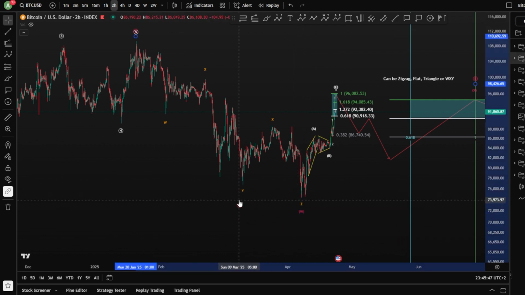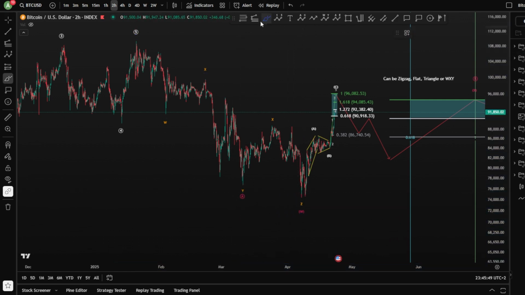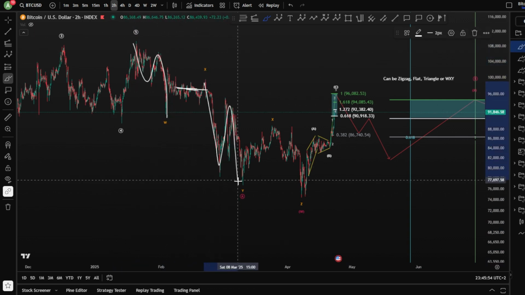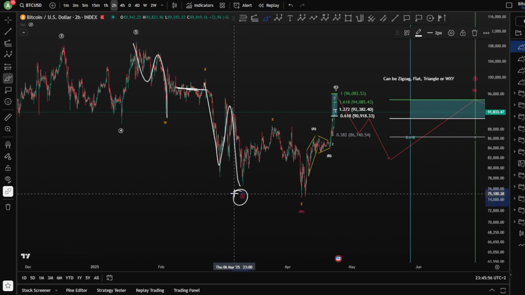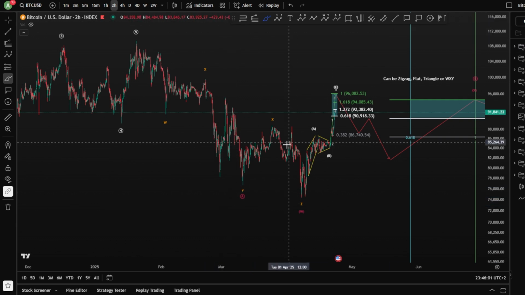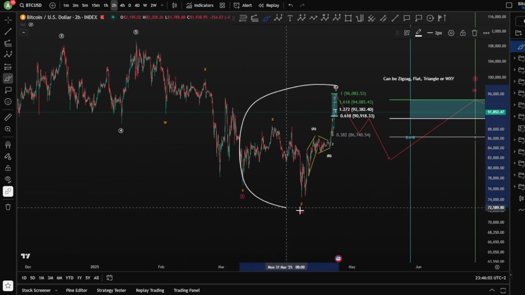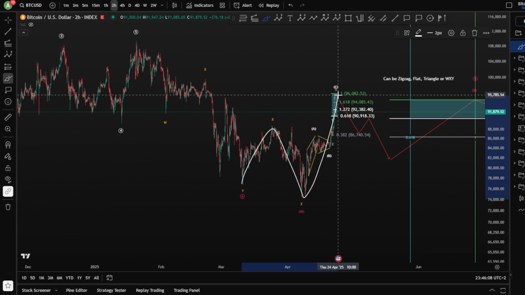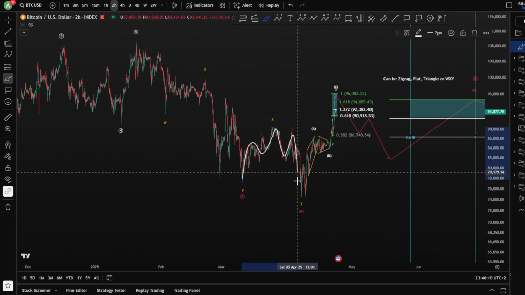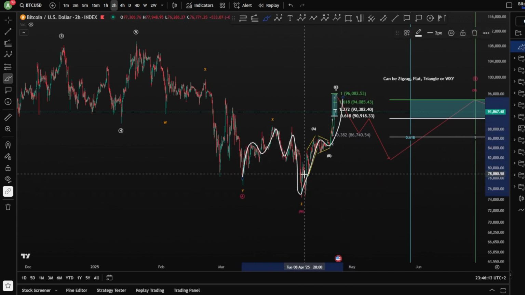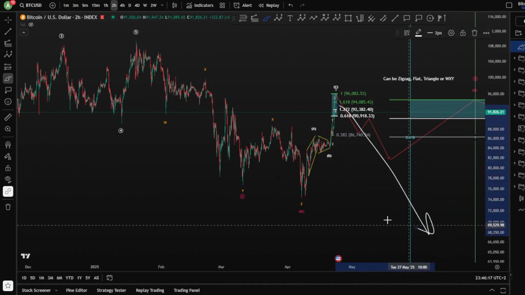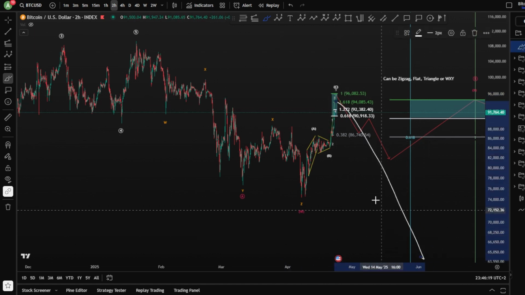Now, what if the wave A finished at this bottom, and we have finished W and X in between, and you have a Y here, where you have finished a wave A, right? In this case scenario, you are looking at an already finished big wave B, which is a W, X, and a Y. Three waves up, three waves down, three waves up again for a zigzag, finishing a wave Y, and then start the move toward the downside impulsively again and very fast.